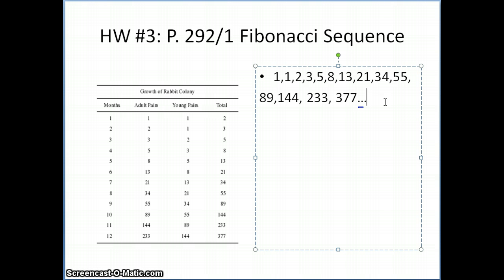In the textbook they have F1, F2, and so on. F1 represents the first number in the sequence, the second number is F2, third number F3, fourth number F4, and so on. It has been established that each positive integer can be represented as the sum of Fibonacci numbers.